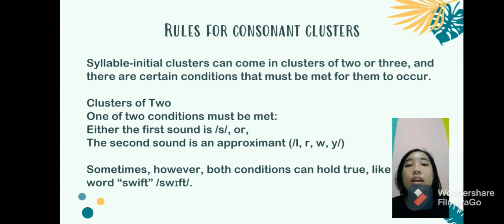Syllable initial clusters can come in clusters of 2 or 3, and there are certain conditions that must be met for them to occur. For clusters of 2, one of the conditions must be met: either the first sound is S or the second sound is an approximant. Sometimes, however, both conditions hold true, like in the word swift.